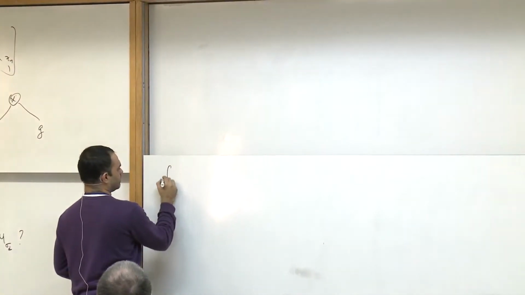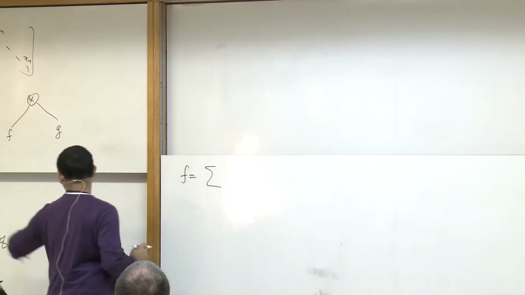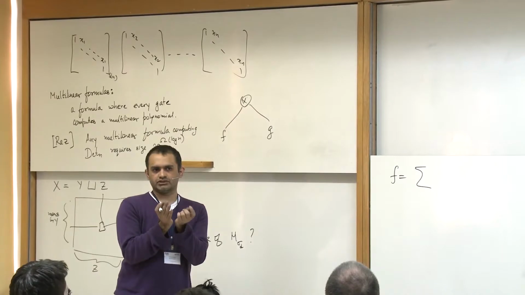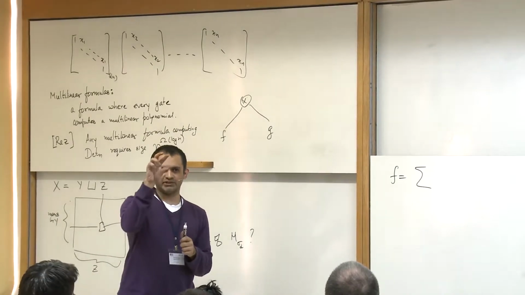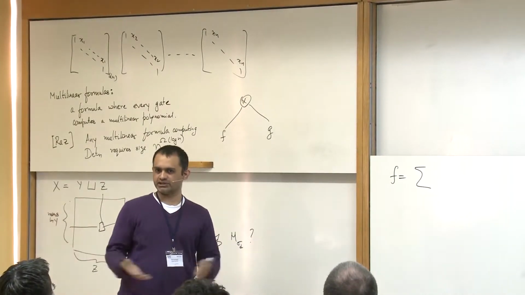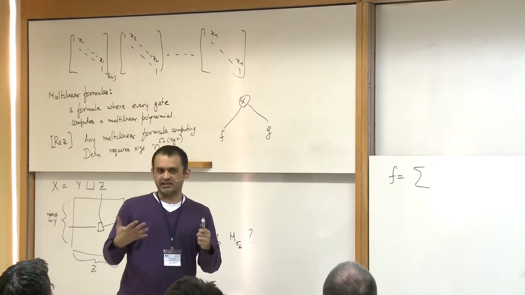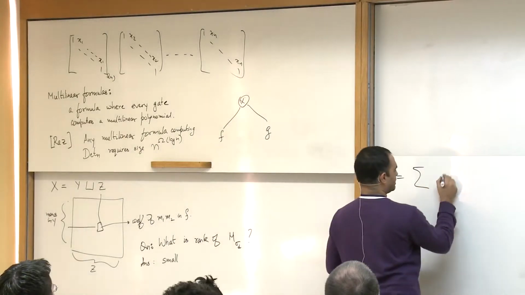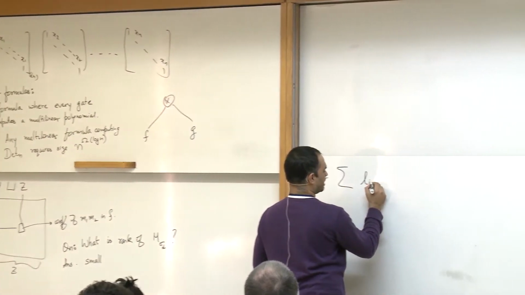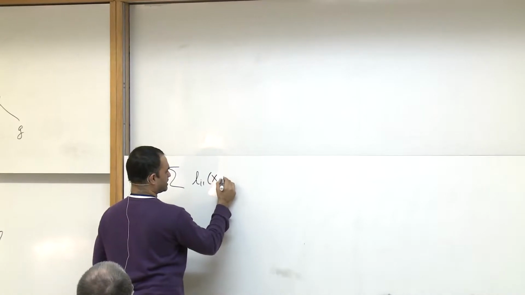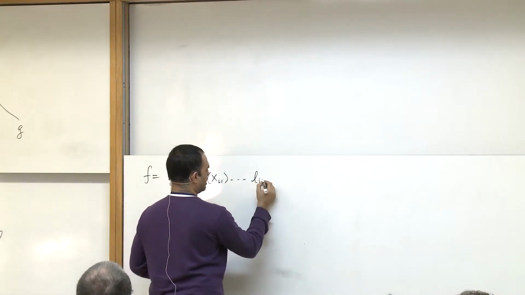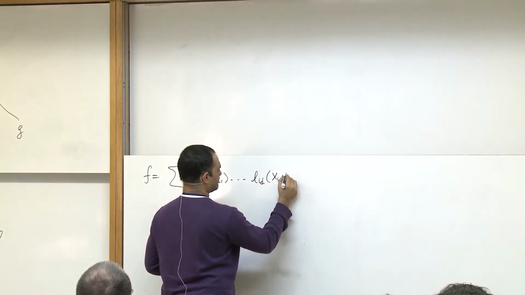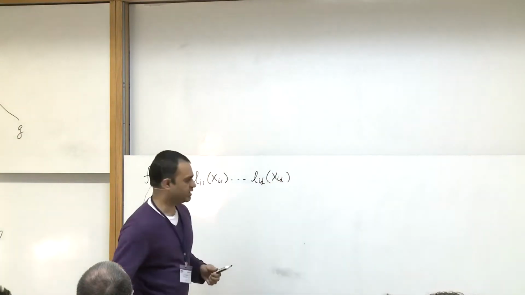So what's a multilinear depth 3 circuit? It's a depth 3 circuit where every intermediate computation is a multilinear computation. So the only thing that you need to care about is the product gate, because the product gate is going to multiply a few linear polynomials together, and I want to make sure that when I multiply these linear polynomials together, I end up with a multilinear polynomial. So that's the same as saying that I have something that looks like L_i1 of x_i1 times ... times L_id of x_id.